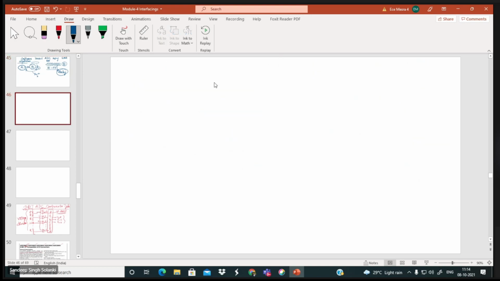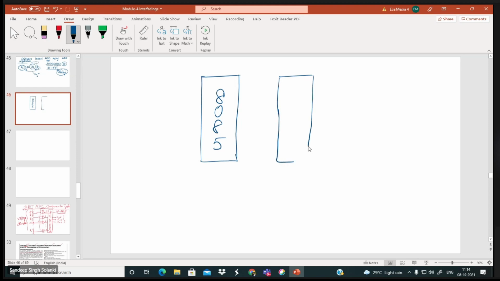Now the question is that you have got a problem: implement the same using 8255, DAC and a comparator. Even if it has not been stated as 8255, DAC and comparator, you should have the idea that all these things will be required for implementation of the same.